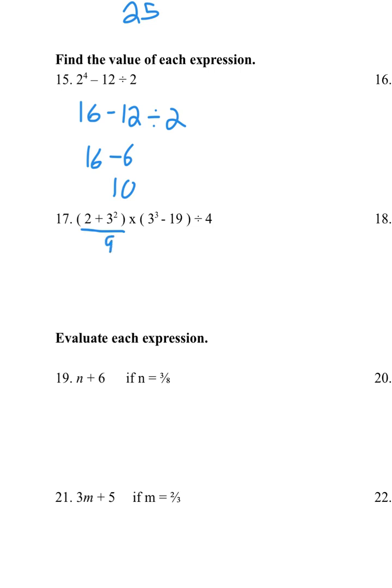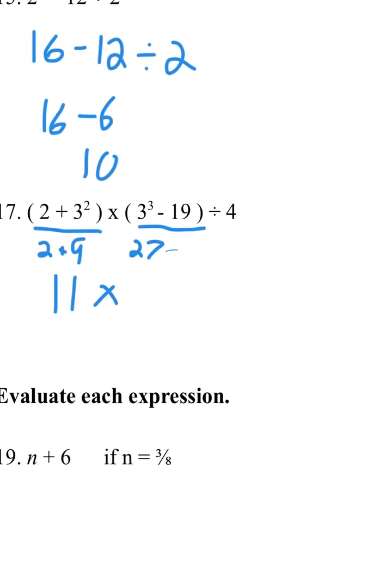Then if we add that with the 2, you're going to get 11 in that parentheses. Okay. Then looking at the next parentheses over on the right, 3 to the third power is going to be 27. 27 minus 19 is going to give us 8.